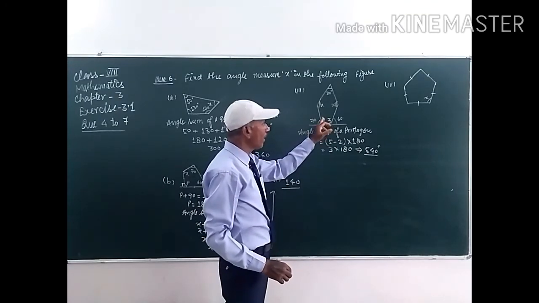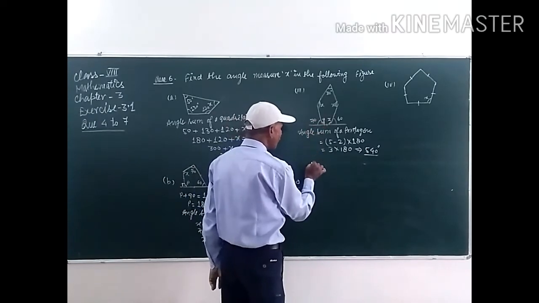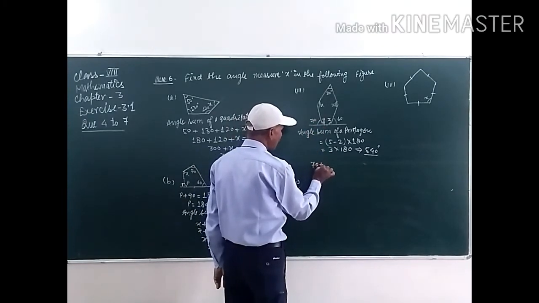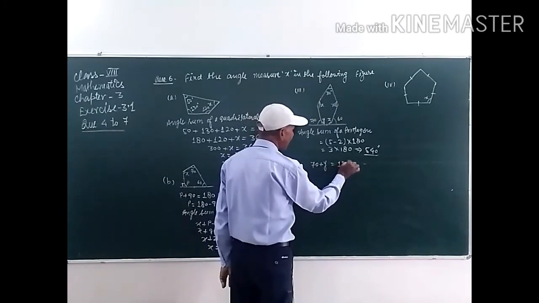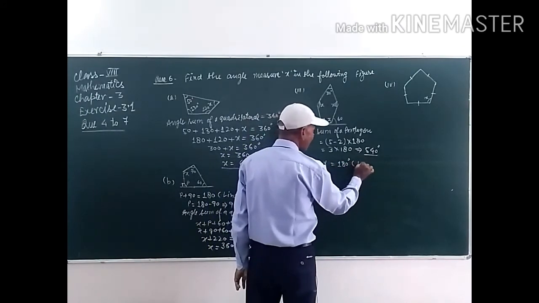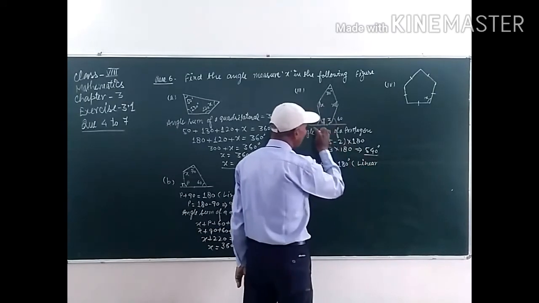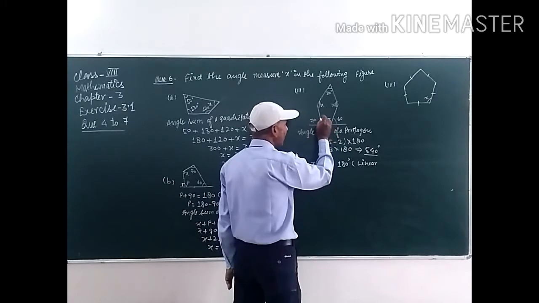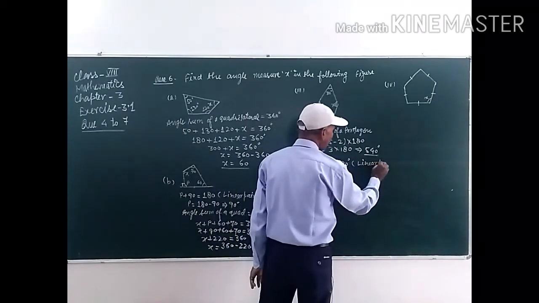And now we have to find this y, students. So 70 plus y is equal to 180 degrees. Why, students? Because of linear pair. These angles are on a line.